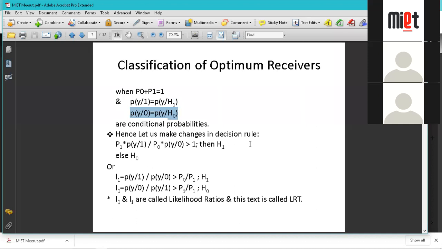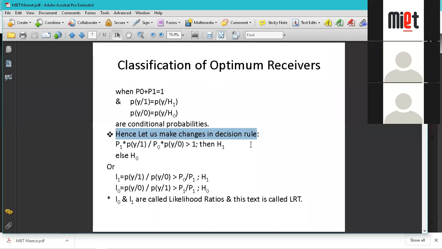So now we acquired some knowledge from here, and we would like to now make changes in the decision rule. So we made a decision rule change. Now it is a division. Such kind of division based decision rule is called the likelihood ratio.